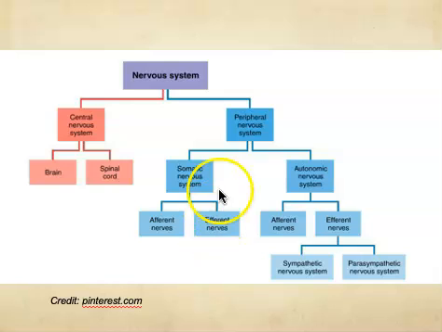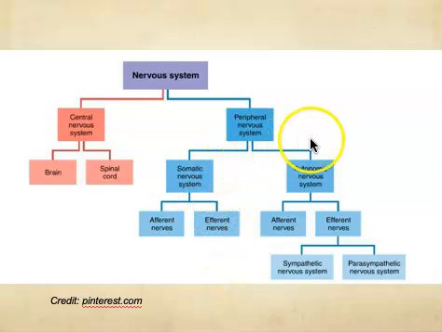So another way to look at that is within the voluntary side of the peripheral nervous system, some of those voluntary nerves are carrying information toward the central nervous system, and some are taking it away from the central nervous system out towards effector tissues.